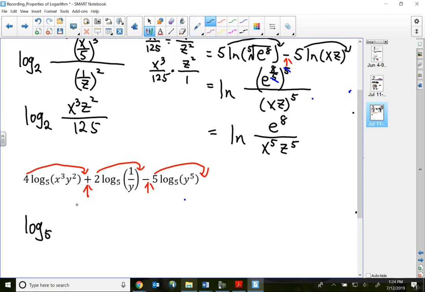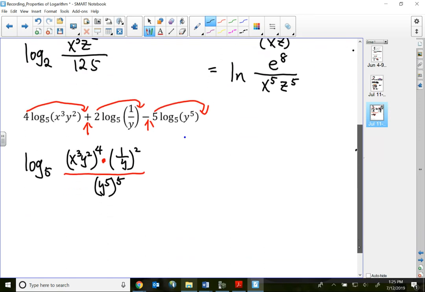So that will give me x to the third, y squared to the 4th power, times, all right, this middle term, 1 over y squared. All right, subtract means divide. Y to the 5th, whole thing to the 5th power.